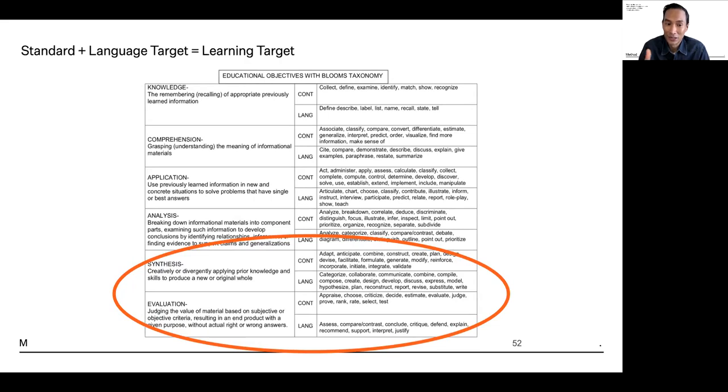And then as you go down towards synthesis and evaluation, you get more complex. If you've ever been to my workshops, I always stress that we need to be more around the circle area of this diagram, because I find a lot of teachers stay within the knowledge, comprehension, application area when they create their language targets and their learning targets.